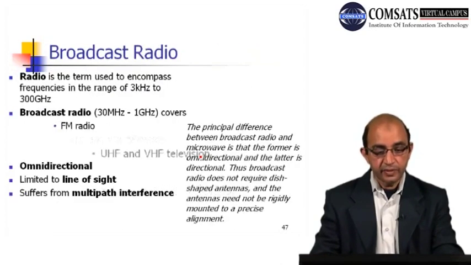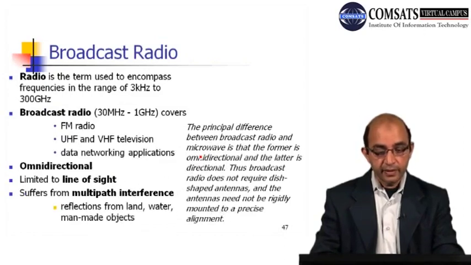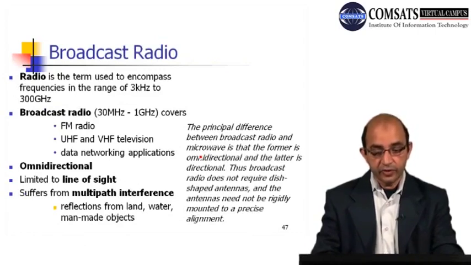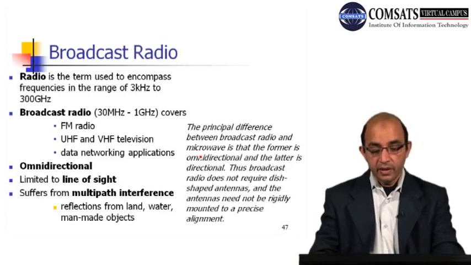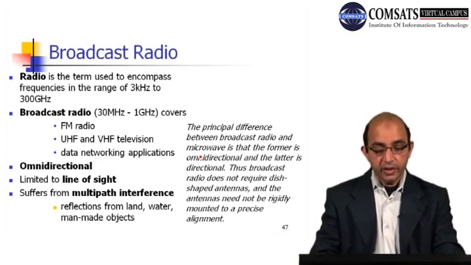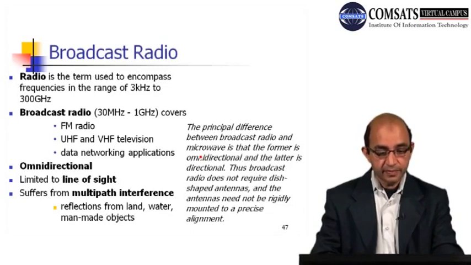And here we have broadcast radio. The difference between broadcast radio and microwave is that the former is omnidirectional and the latter is directional. So broadcast radio does not require a dish-shaped antenna, and antennas do not need to be mounted with precise alignment.